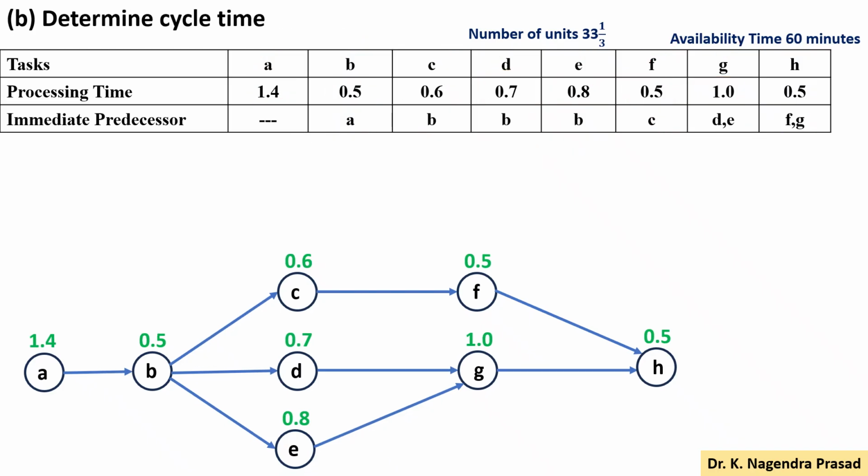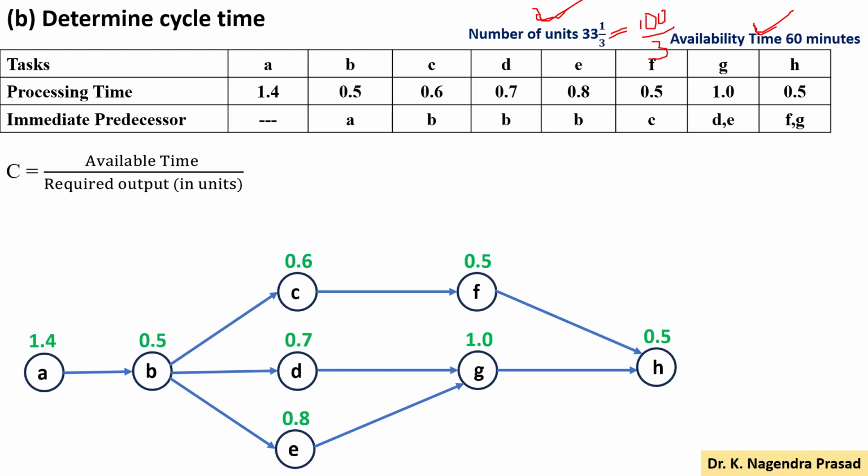Next we look at the second question, determine the cycle time. We know that cycle time C equals available time divided by number of units. In the data, the available time is 60 minutes and the number of units is 33 1/3, which equals 100/3.